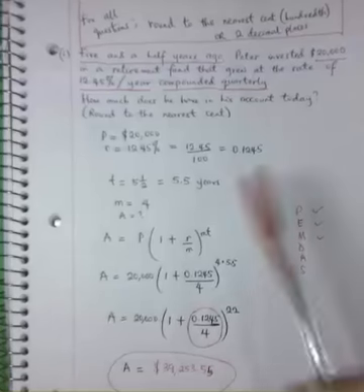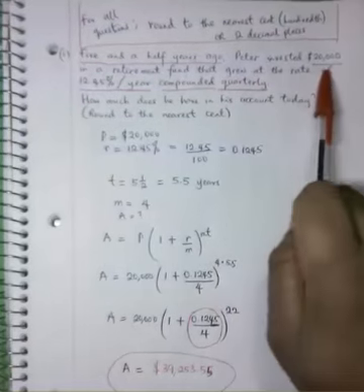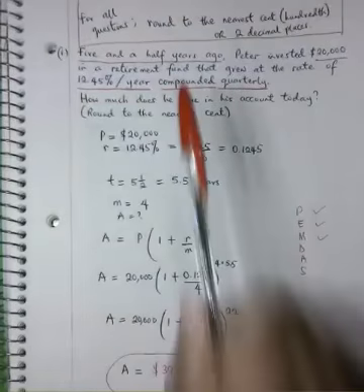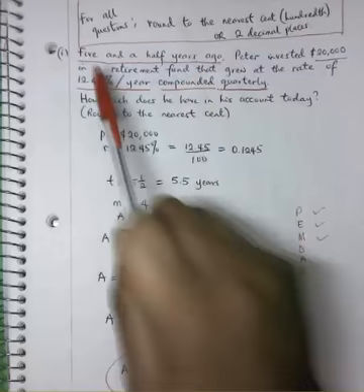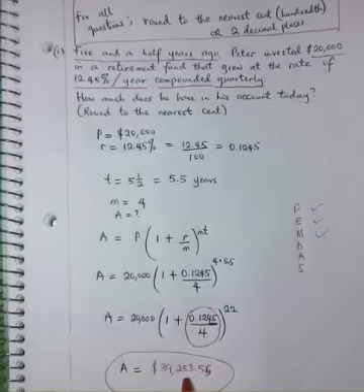So what this is saying is that if Peter invested $20,000 in this retirement fund, after 5.5 years, he will have $39,253.55.